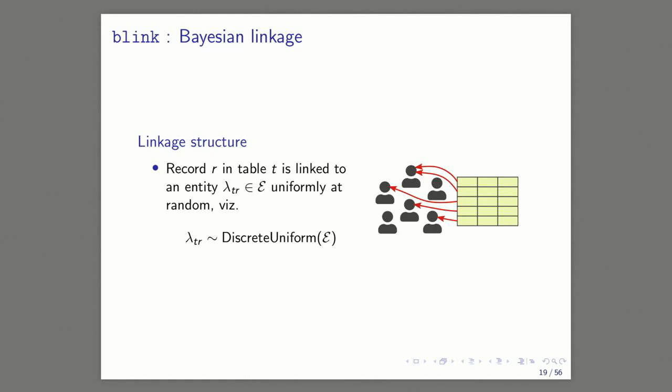Now, the linkage structure, the way that we're doing this here: you have some sort of record in the table, and it's going to be linked to an entity, which we'll denote by the linkage structure for the table and the record.